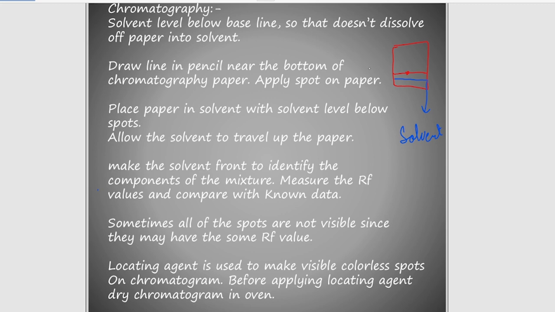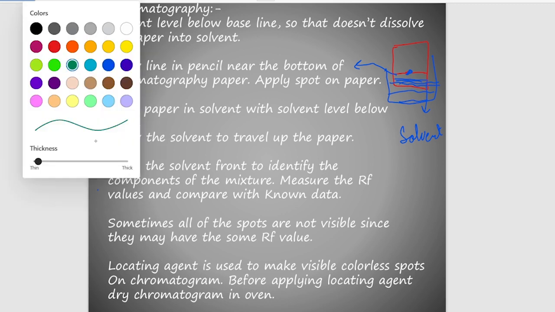Draw a line in pencil near the bottom. This line will be with the pencil. Apply a spot on the paper. Place the paper in the solvent. Then we will use the beaker. You have to dip it in the solvent, and the solvent level should be here, below the spots. If alcohol or ethanol is the solvent, then we have to cover this. We will place a lid on the beaker as well.